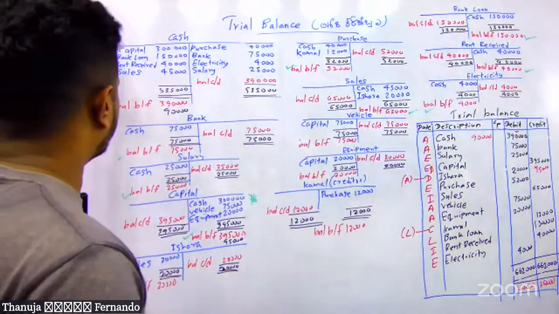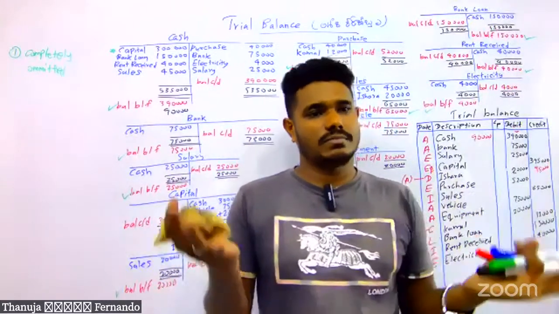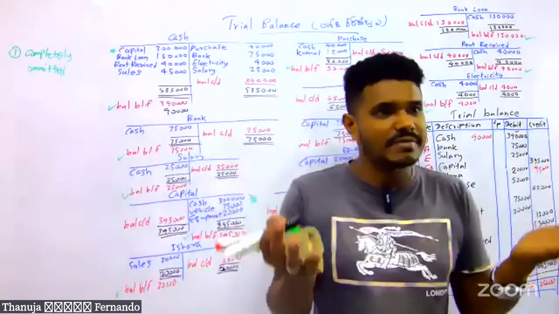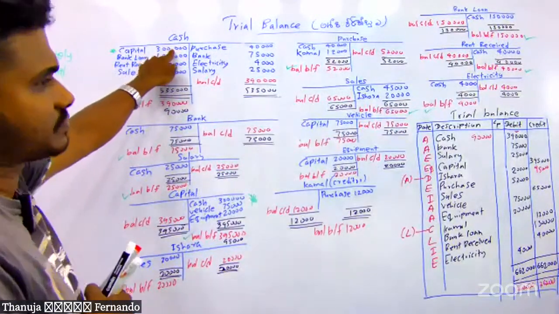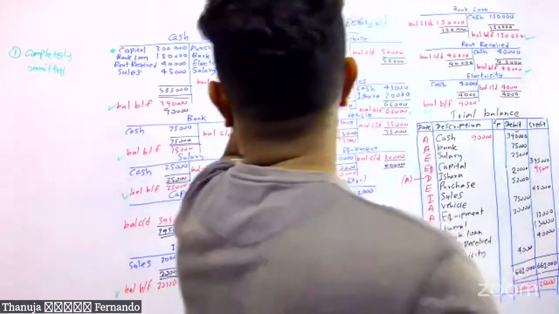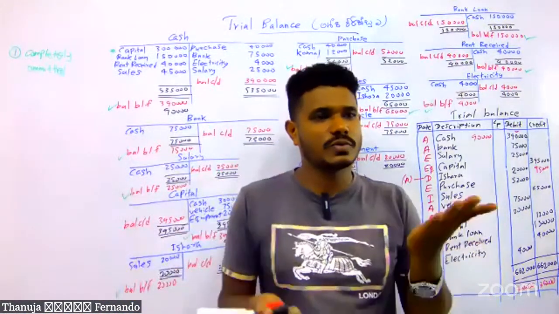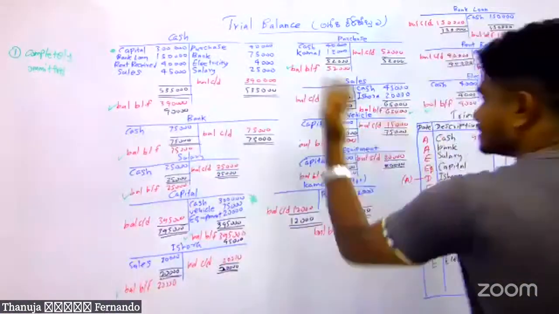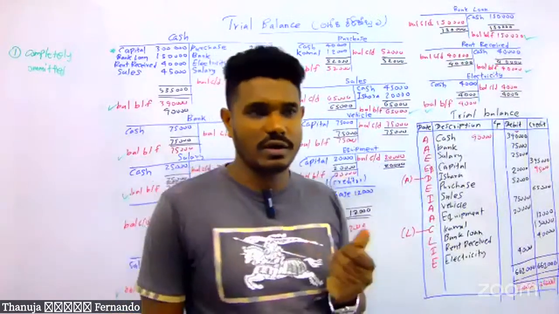The error happened on both sides in the same amount. Whenever an accounting error occurs in the same way on both sides, the 300,000 is missing from the debit side and also from the credit side, so both sides still balance. When we bring down the balances, 300,000 is reduced on this side and 300,000 on that side, and the debit side and credit side balances are equal. Understood this error?